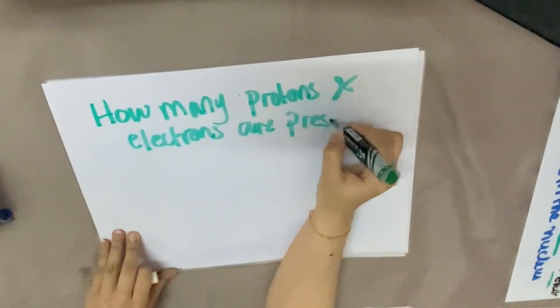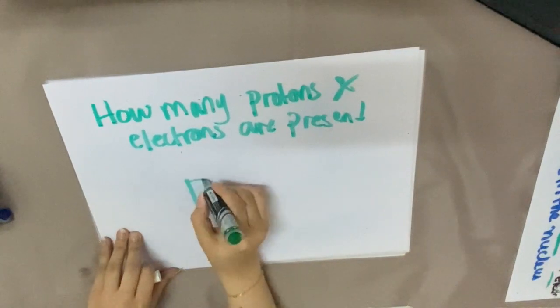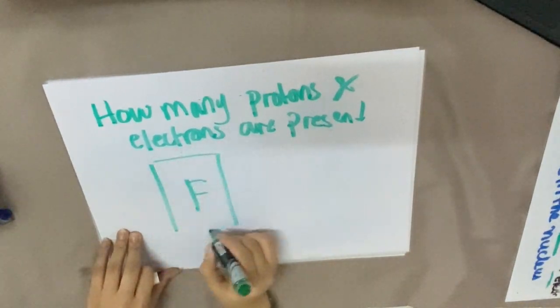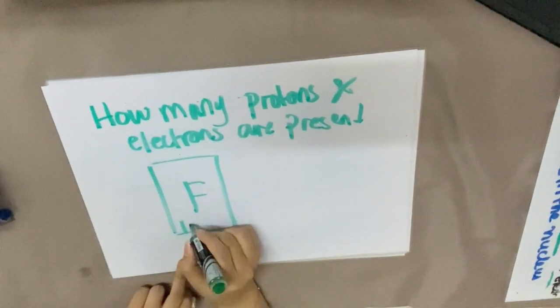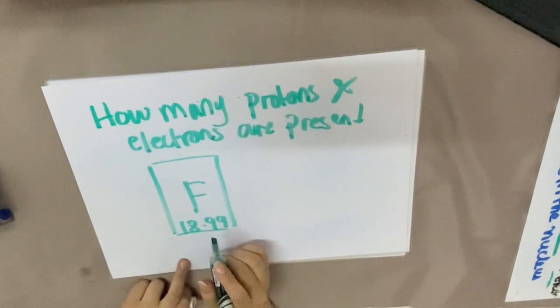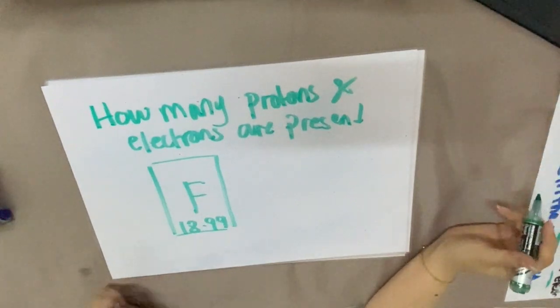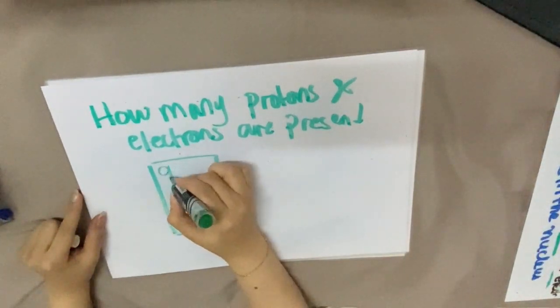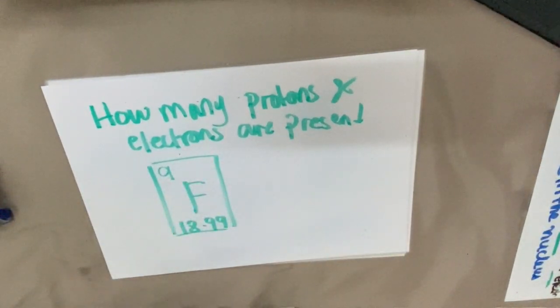Which atom? Let's see. Let's take fluorine. If you go to the element key in fluorine, you're going to find at the bottom, which we agreed is the mass number, 18.99. Whereas at the top, we're going to have 9, which is the atomic number.